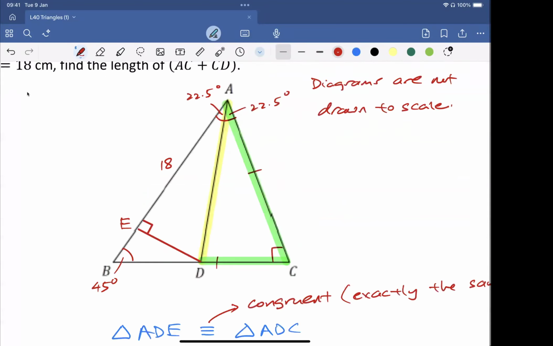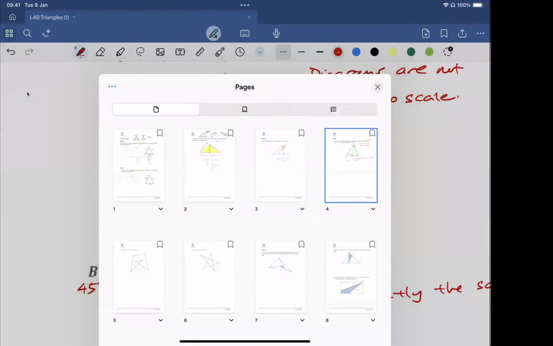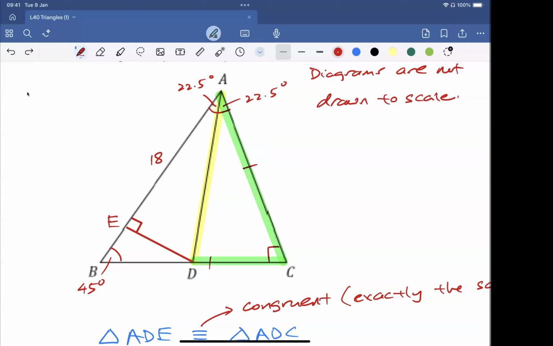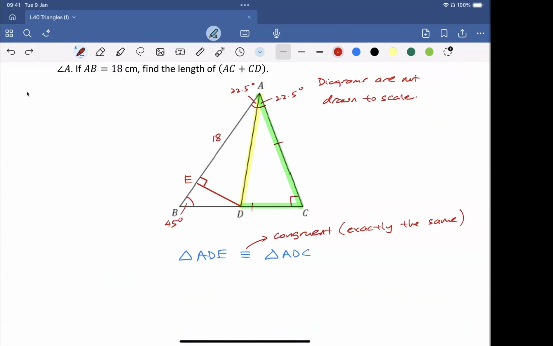Okay, if you don't believe, let's check. This angle is the same. This angle is the same. This angle and this angle are the same, right? This angle and this angle are definitely the same. So they also share the same length here. So these two triangles are exactly the same as each other, okay?